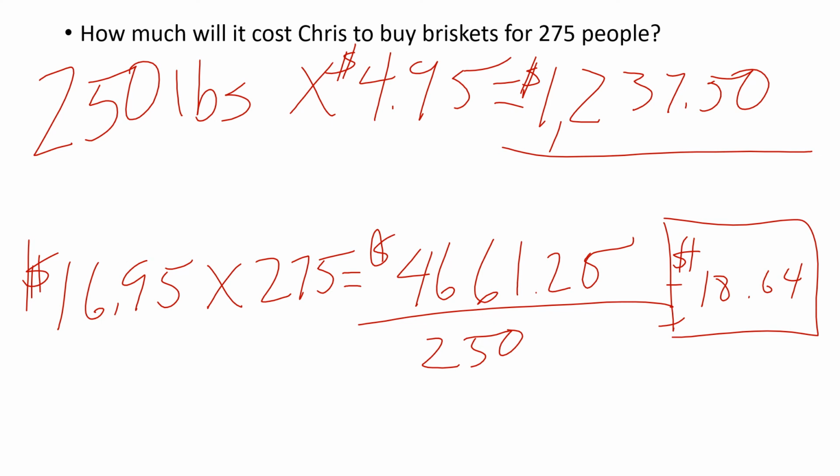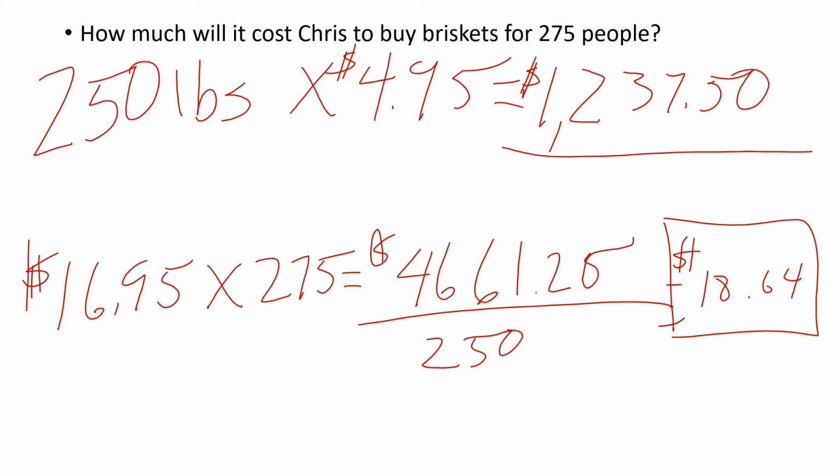So do you see how I did that? What I normally charge at $16.95 for the 275 people, this is the sales I should bring in to cover these costs. So I divide that by the actual number of guests I'm serving, and I'm going to increase it to $18.64 instead of $16.95.